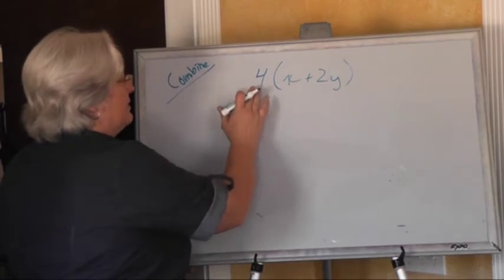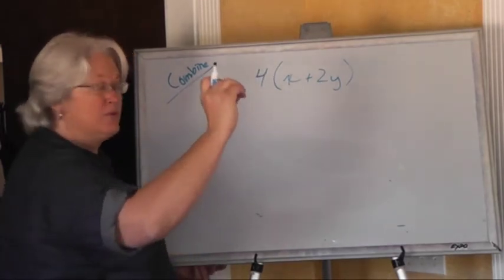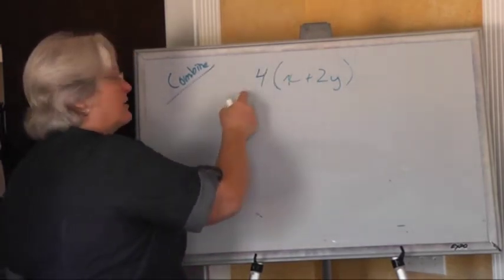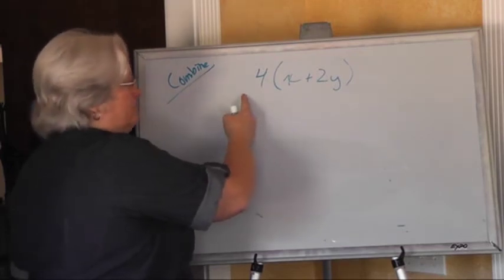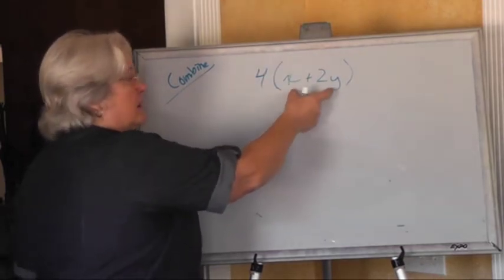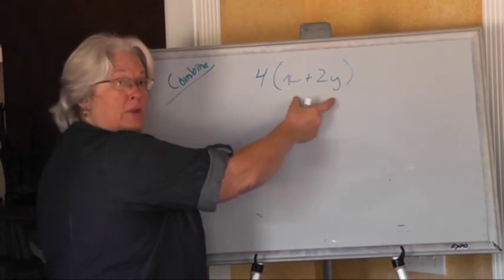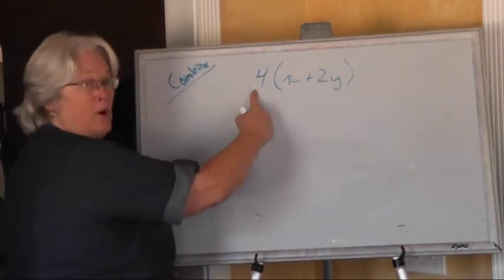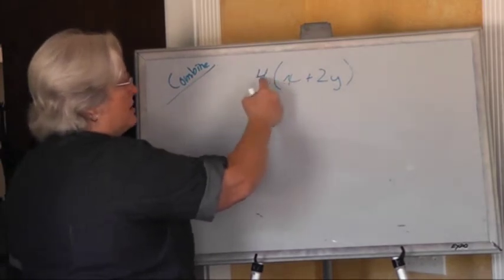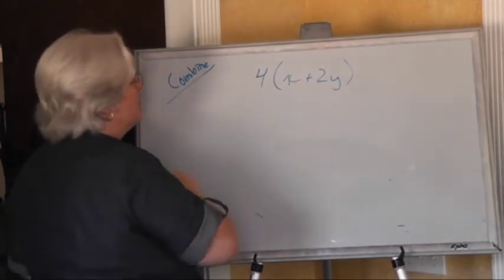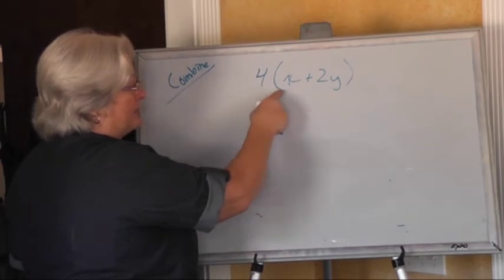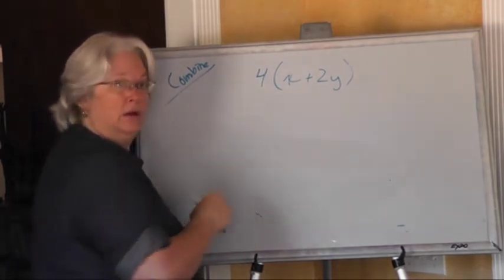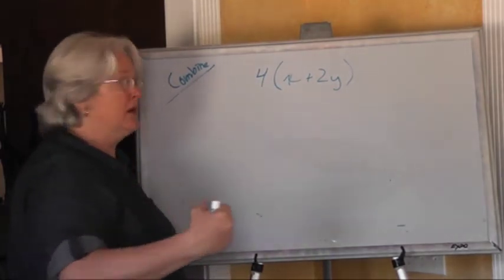Because here we have multiplication over addition. We're using a factor here, and we're going to multiply it against the sum of something. And what that says is when you multiply a factor against a quantity within parentheses, you have to multiply that factor against every individual term inside those parentheses.